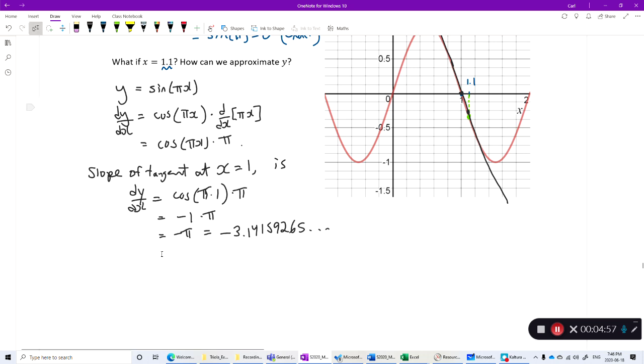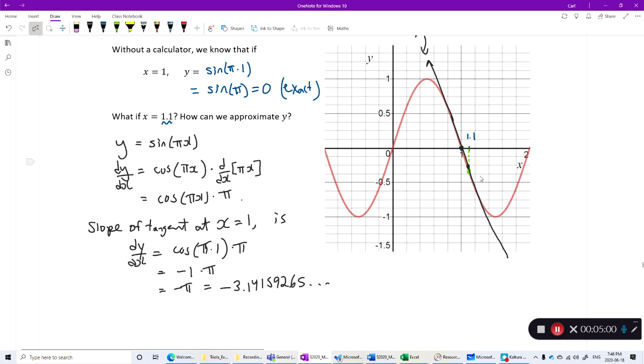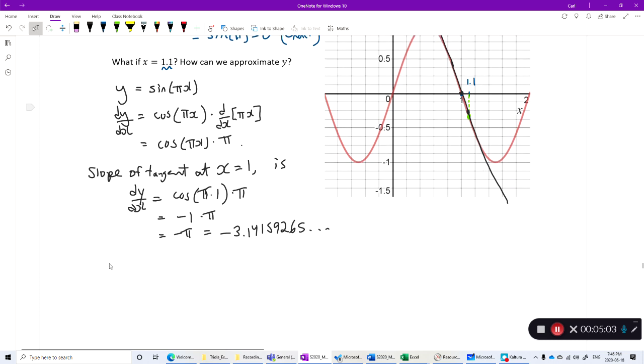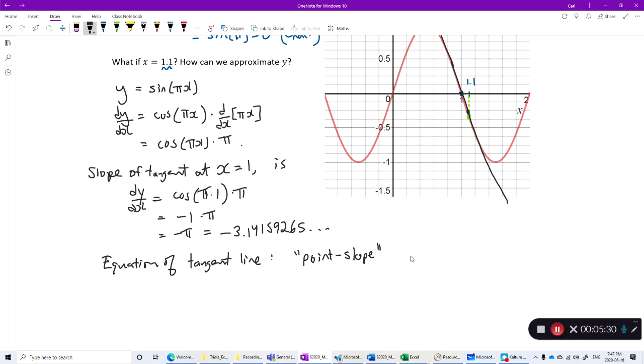Okay, so what is the equation of the tangent line then? Usually, the best form is what they call the point slope form, which is y minus y1 is m times x minus x1.